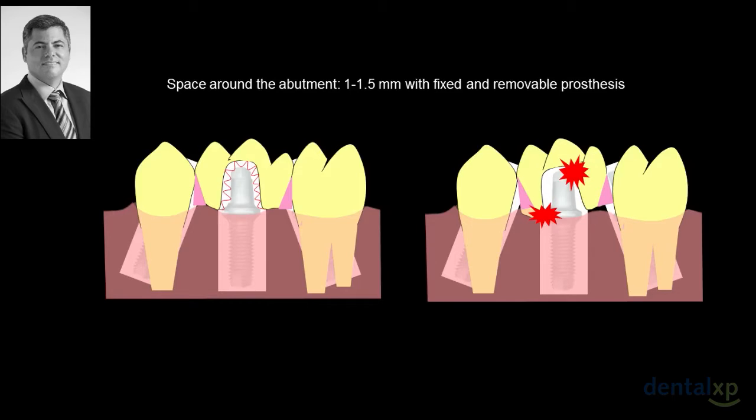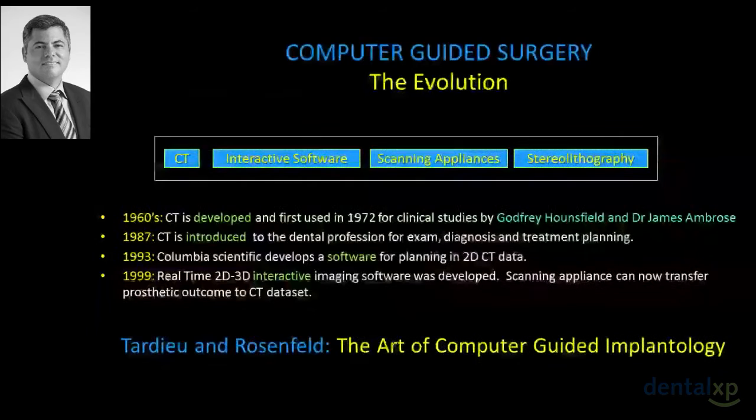There should be a protective space of 1 to 1.5 mm from the abutment whenever fixed or removable temporary prostheses are being utilized. As we mentioned before, this implant system requires the best possible parallelism with divergence that should not exceed 20 degrees. Therefore, the computer-guided protocols become a great supplement for excellence in placement.